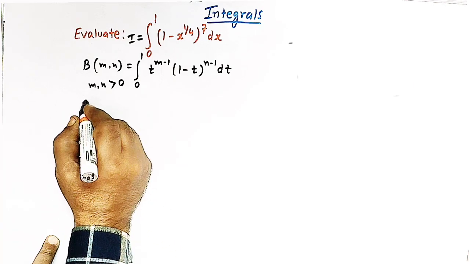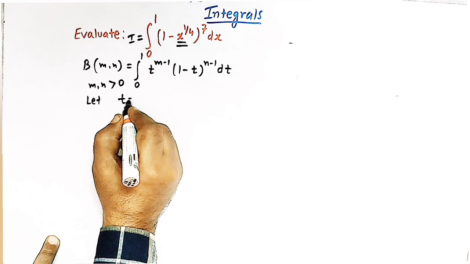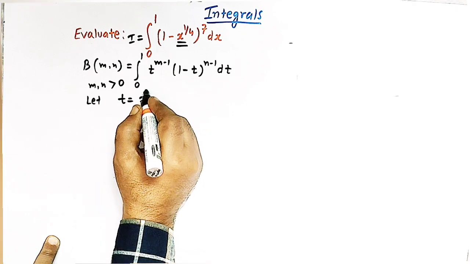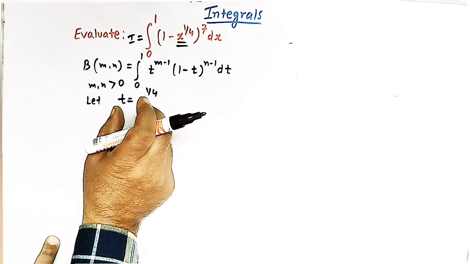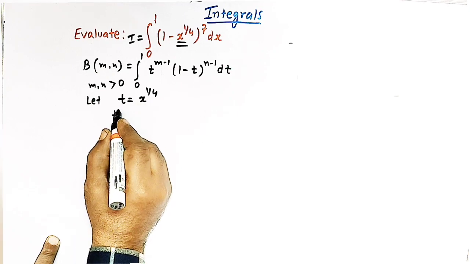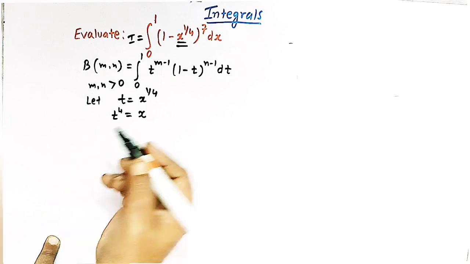Let us make this substitution, t equals x raised to 1 over 4, and from this expression we can write t^4 equals x.